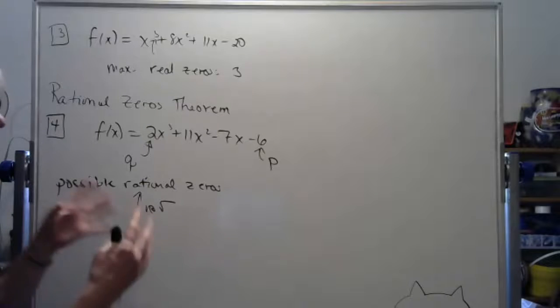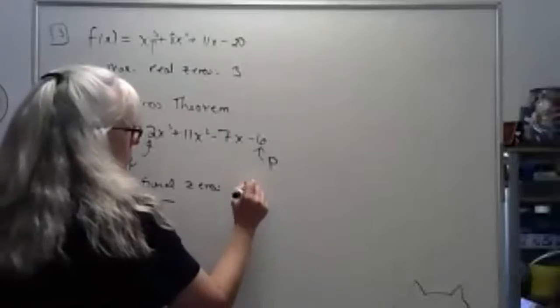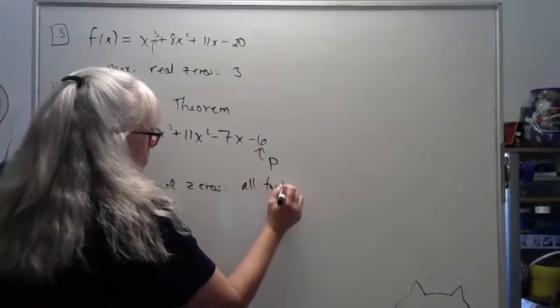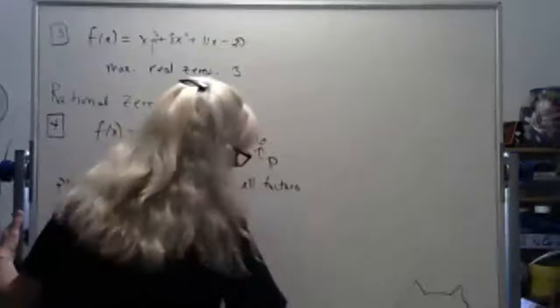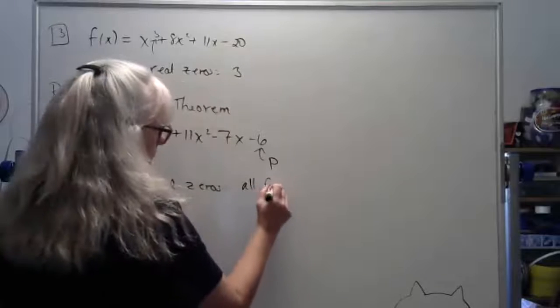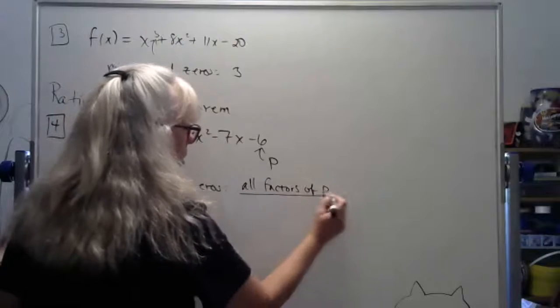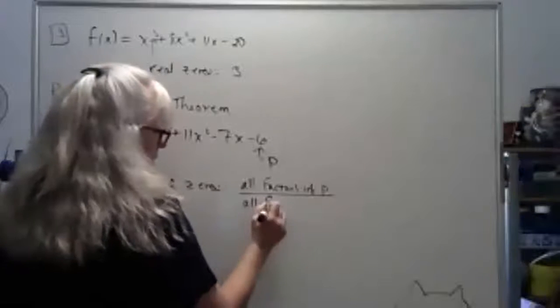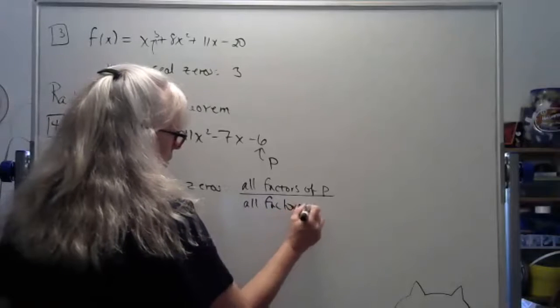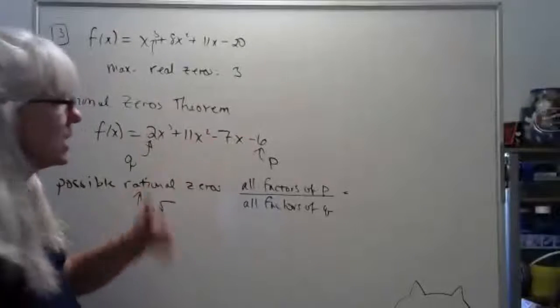So this gives me a list of possibilities. Well, what we're going to do is all factors of p over all factors of q. Okay, so I need all the numbers that divide evenly into p.